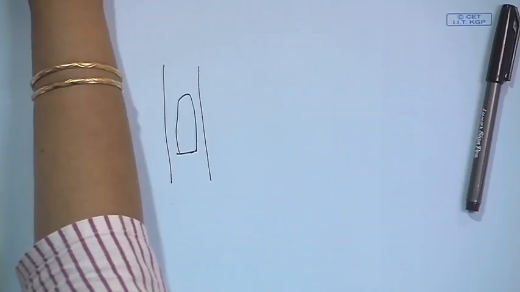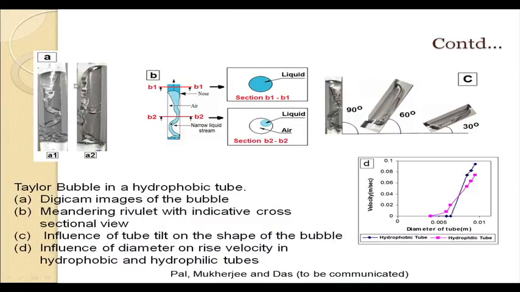In this particular case, the cap undergoes a transformation and develops into a corner sort of a thing, unlike the nice rotationally symmetric shape in a hydrophilic pipe. At the same time, the tip shifts from the liquid center or the liquid axis to one end, and immediately begins to expand to occupy the maximum area between the bubble and the wall.